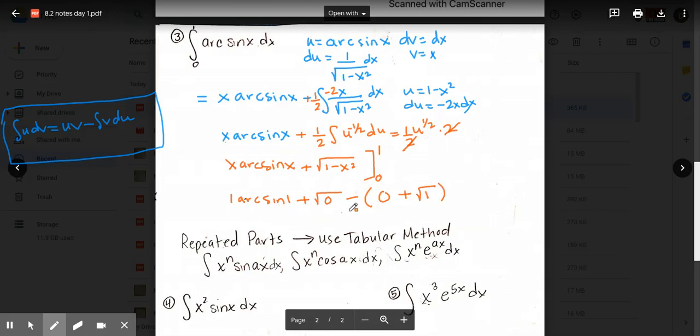So I'm subtracting 1 here, okay? Arc sine of 1. So sine of what angle is 1? So where in the unit circle is the y value 1? That would be at pi over 2. So your final answer here would be pi over 2 minus 1.